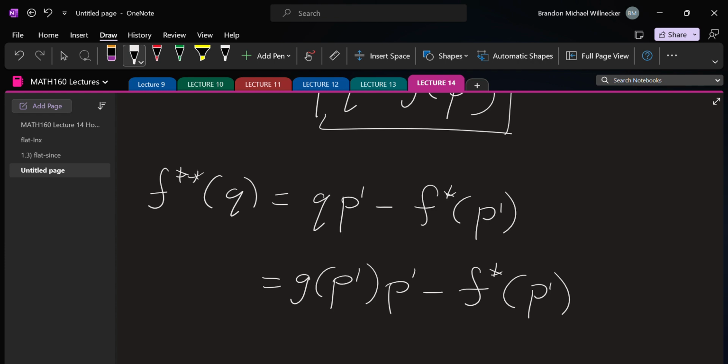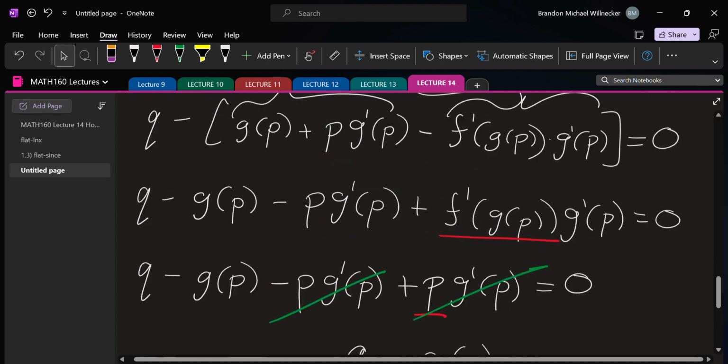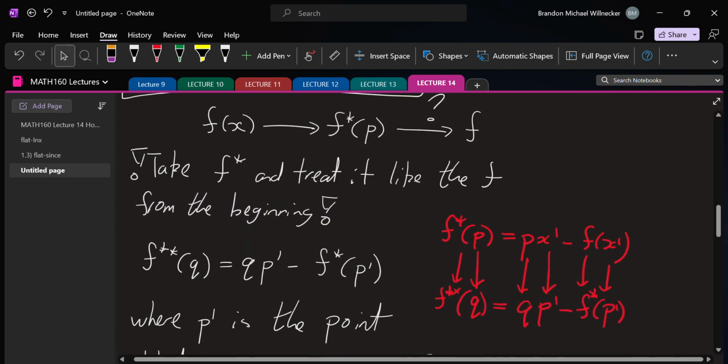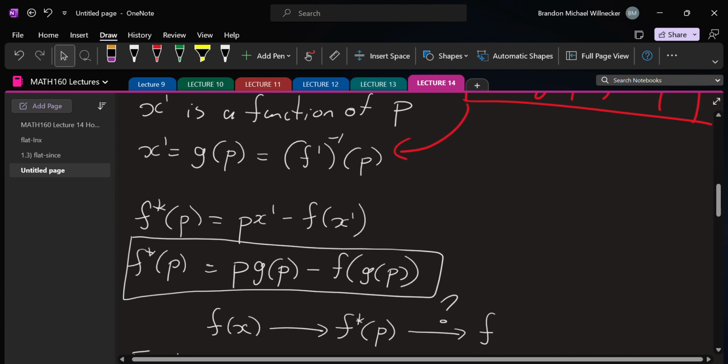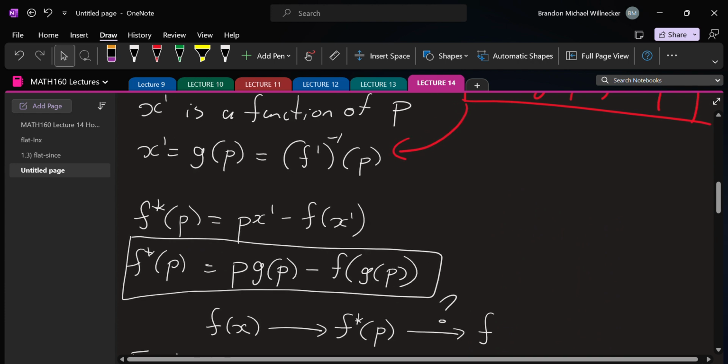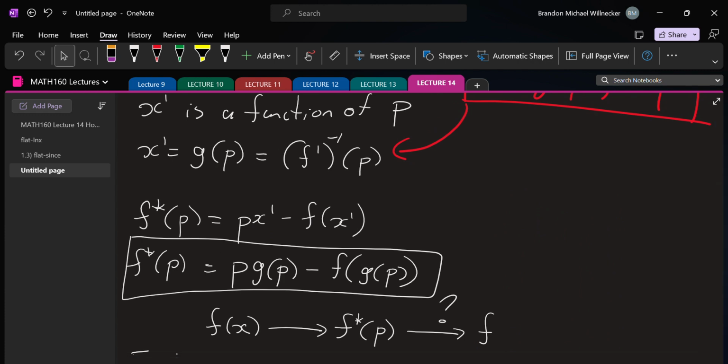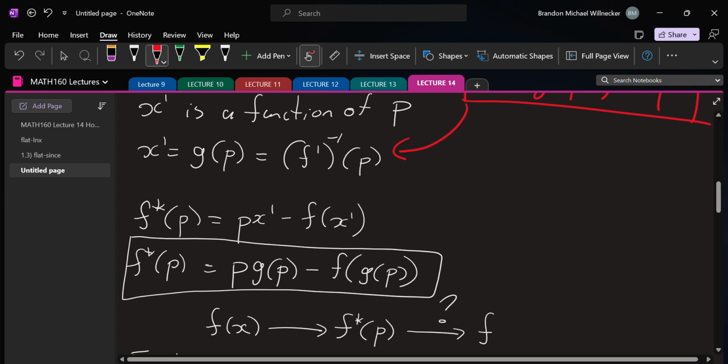G of P prime, leave that alone there. F star of P prime. We know what this is. We calculated this. So we go back up here. F star of P, we're looking for F star of P prime. So if we put a prime on all of the P's, then we've got our answer there.